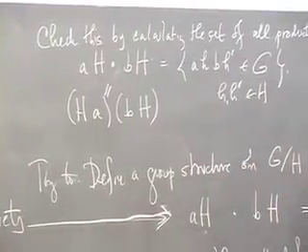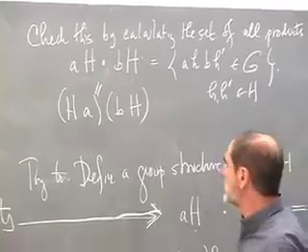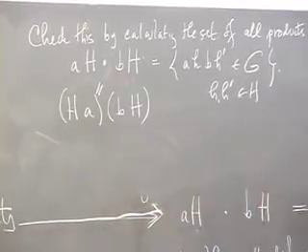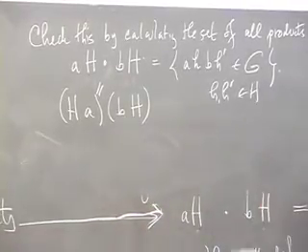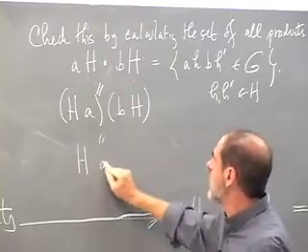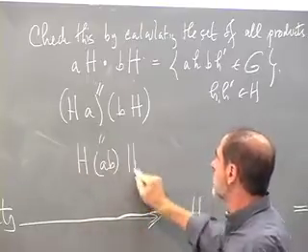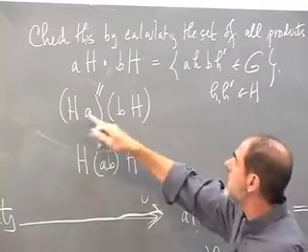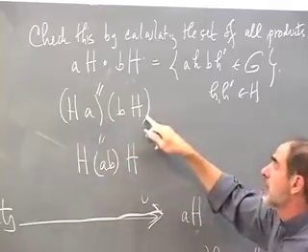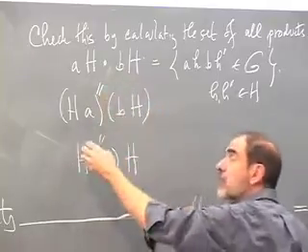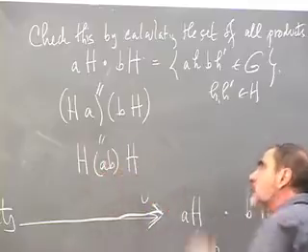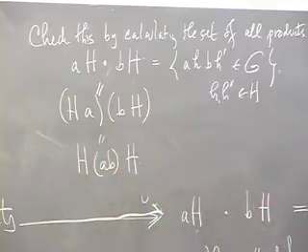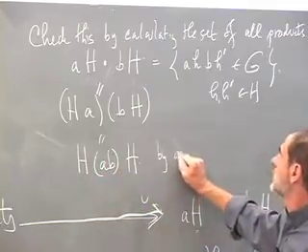Okay? Now I claim that that's the same set as HABH by associativity. I mean, this is the set of all things hABh'. So associate AB, it's a set of all things h(AB)h' by associativity.